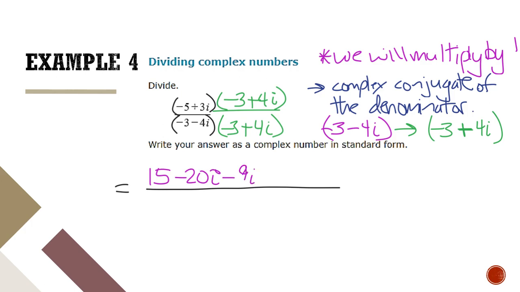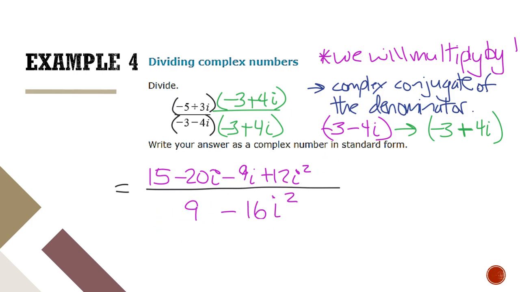And then a positive 3i times 4i, which is positive 12i squared. The bottom, if you actually distribute it out yourself, which you should try, you should get 9. And then the insides actually cancel out, and we're just left with negative 16i squared.